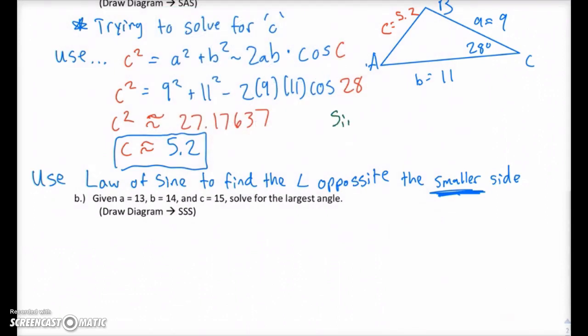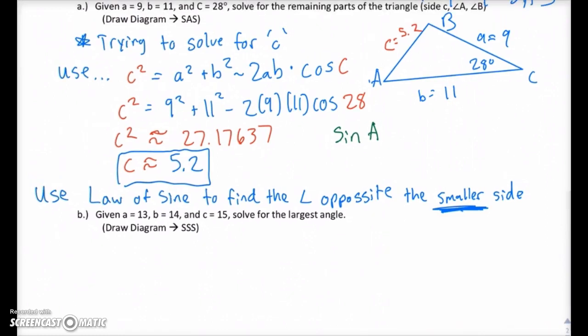So we're going to have sine of angle A, which is the smaller one out of 9 and 11. So sine of angle A over 9 should equal sine of 28 over 5.2.